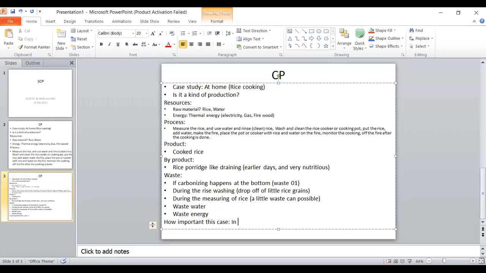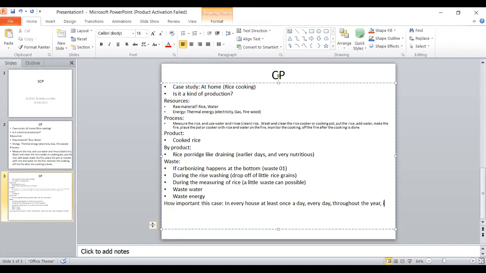In every house, at least once a day, almost every day, throughout the year, in millions of houses, this rice cooking takes place. Anything to tell? So you can say this.